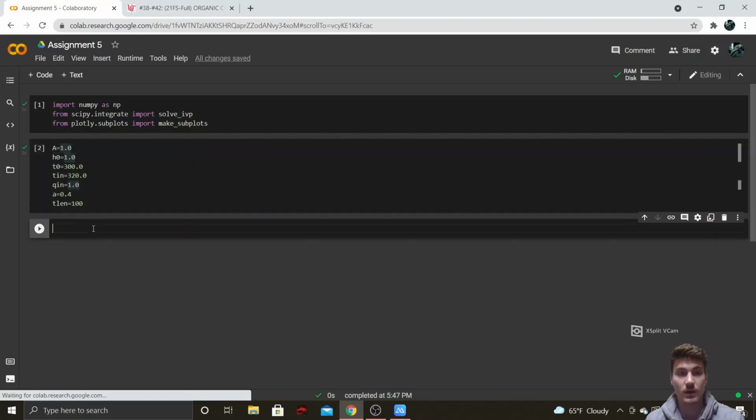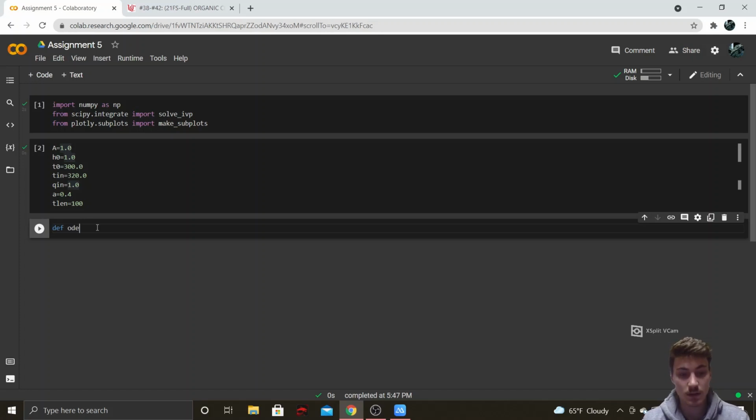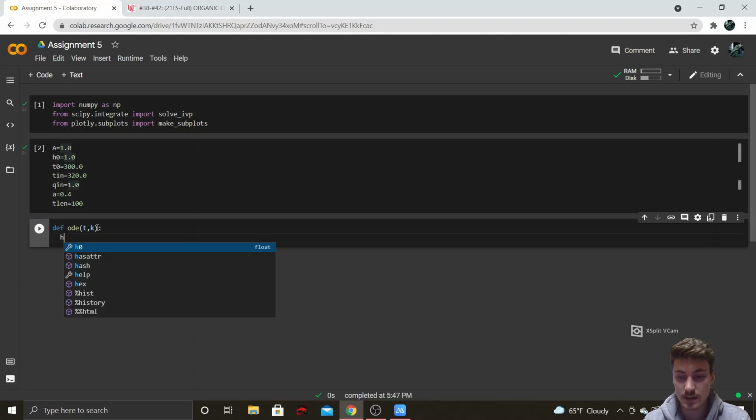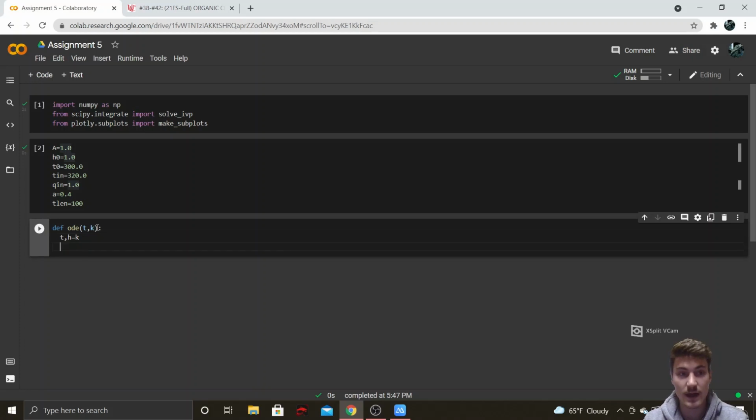So the first thing we're going to want to do is input the equations that we found in the previous section. So we're going to define the function for K, and then from there we can unpack. So our T and H is equal to our K, and now we're going to put in our function.